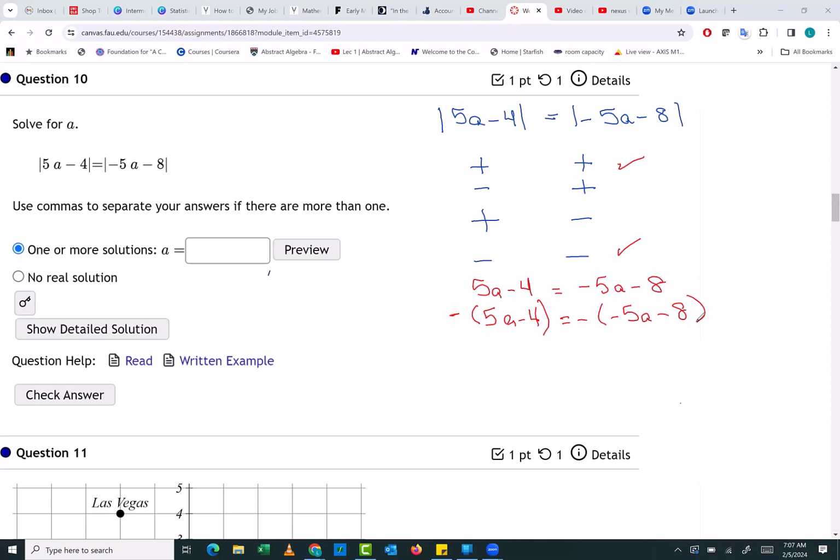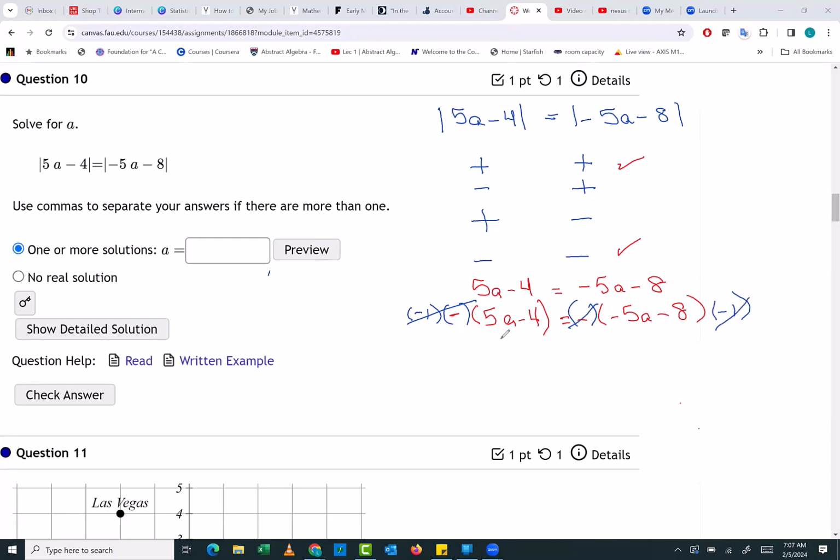Let's multiply both sides by negative 1. Well, when I do that, this negative and this negative cancel, and this negative and this negative cancel.